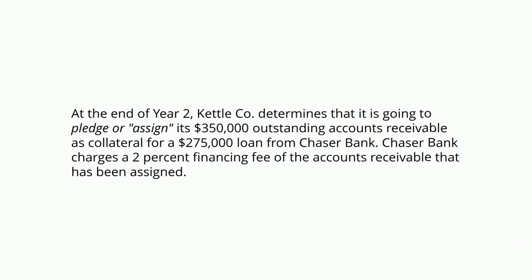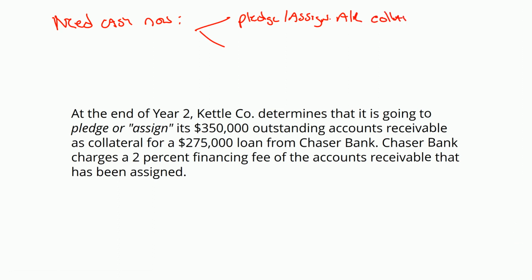Now let's review: we need cash now. If we need cash now, what could we do? You can pledge or assign your accounts receivable and have what's called a collateralized loan.